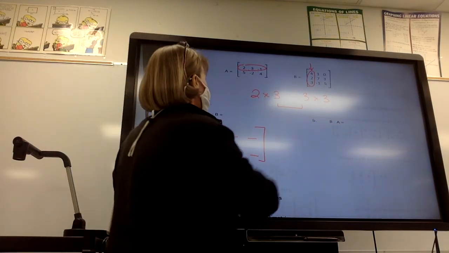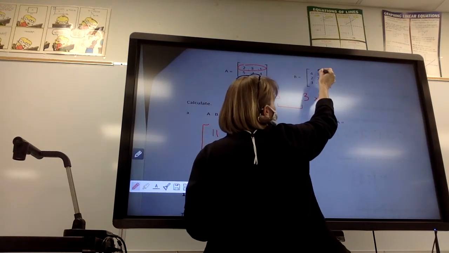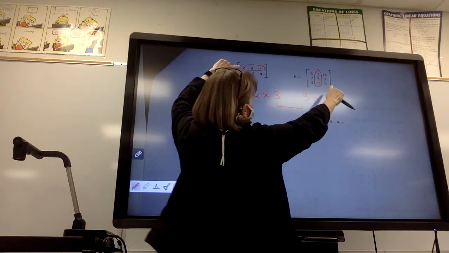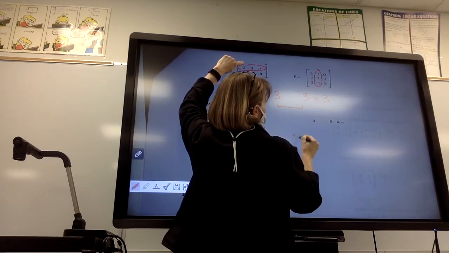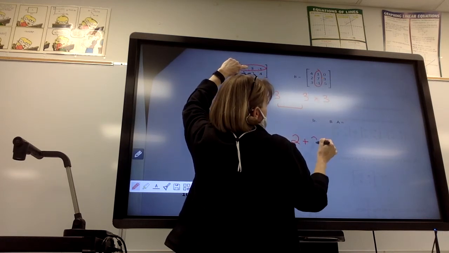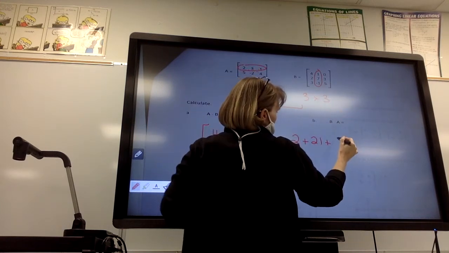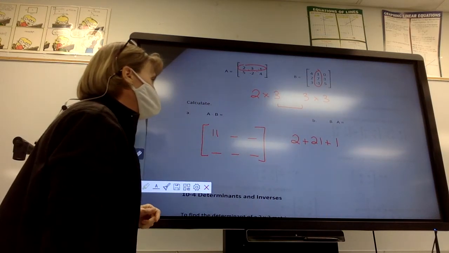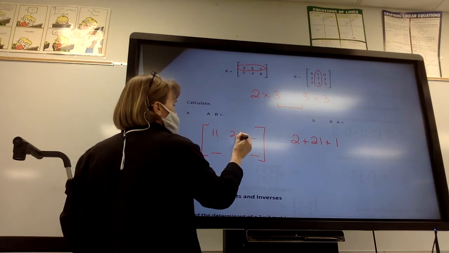Okay, we're going to stay with that same row, but move to the next column. So now we're going to go here. Do the same thing. So 2 times 1, that would be 2. Plus 3 times 7, 21. Plus -1 times -1, it's a +1. So what do I get out of that? 24.